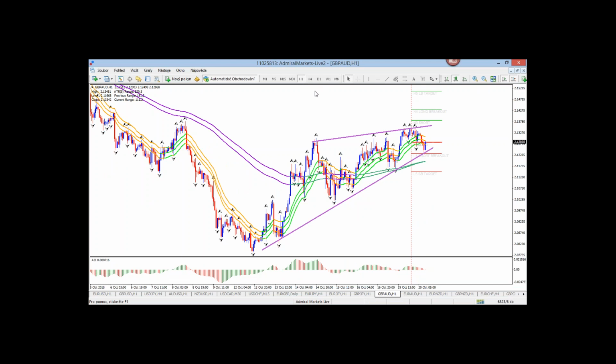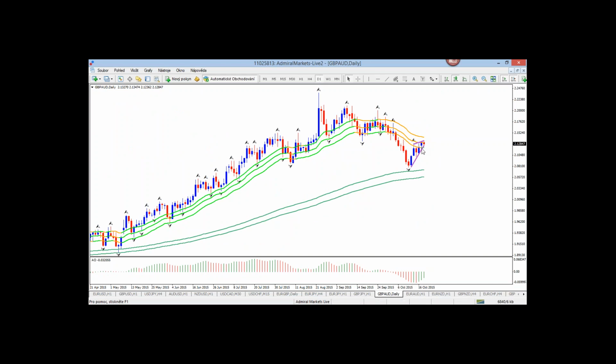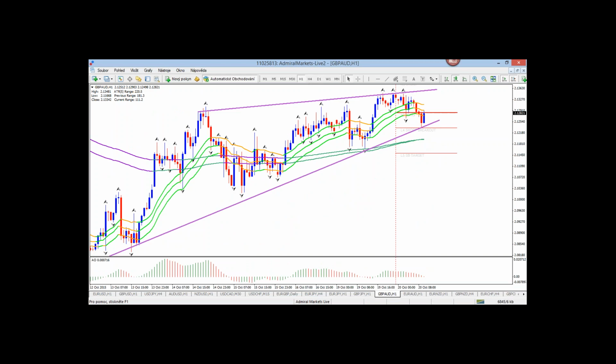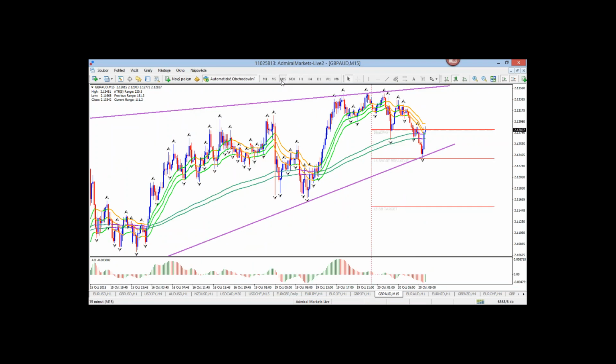So that's a bit of a squeeze between those two levels. But this is 1 hour, 4 hours looking bearish. And even the daily could use this as a resistance. So pound Aussie looks better aligned for bearishness. The 15-minute chart is not quite there as yet.